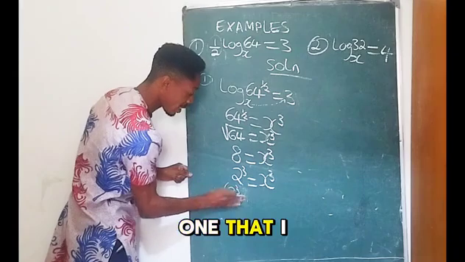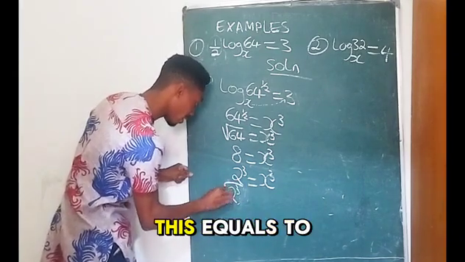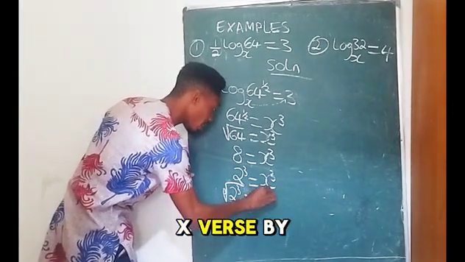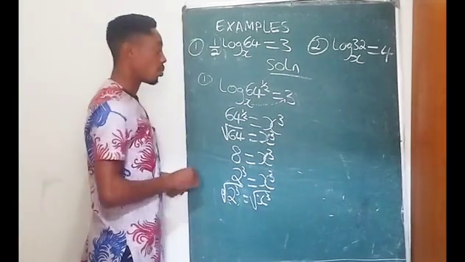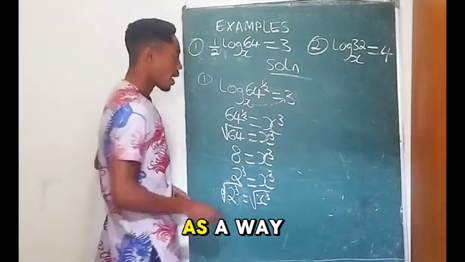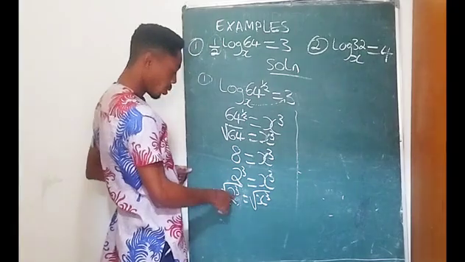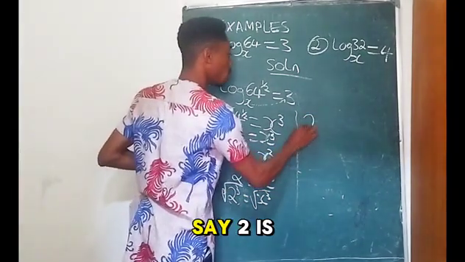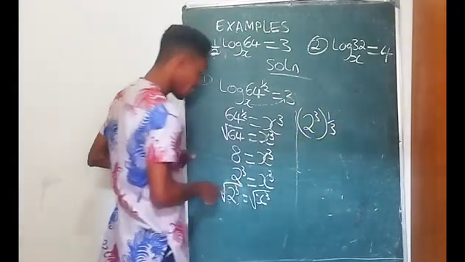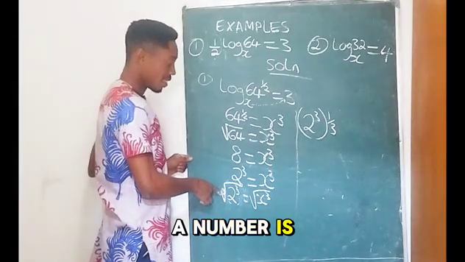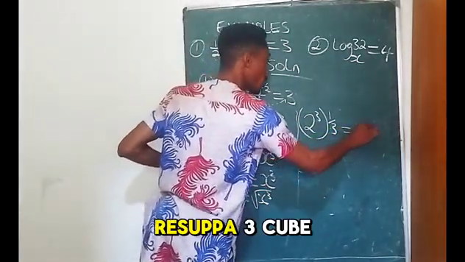Meanwhile, it's important that I simplify this. Taking the cube root of both sides, as a way of continuation, the cube root of 2 raised to power 3 is the same as 2 raised to power 3 or raised to power 1 over 3, equals x raised to power 3.